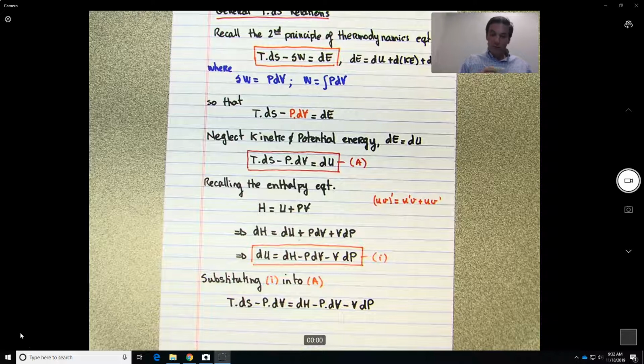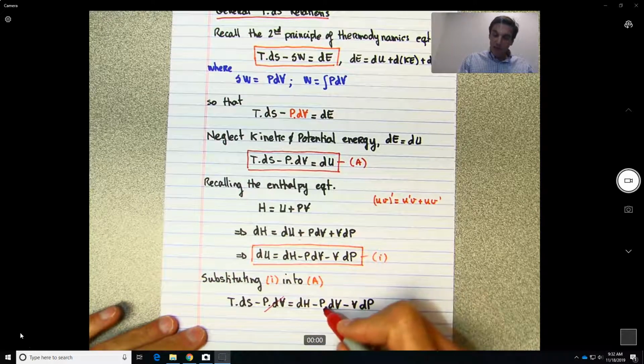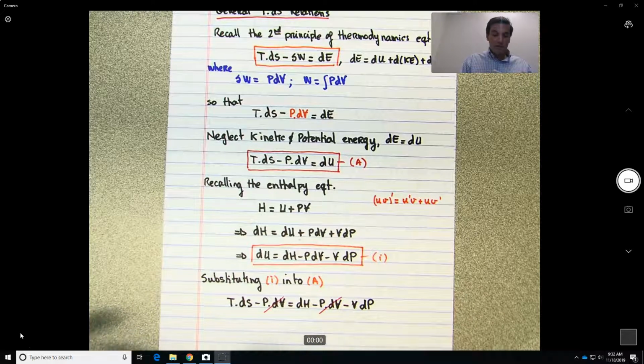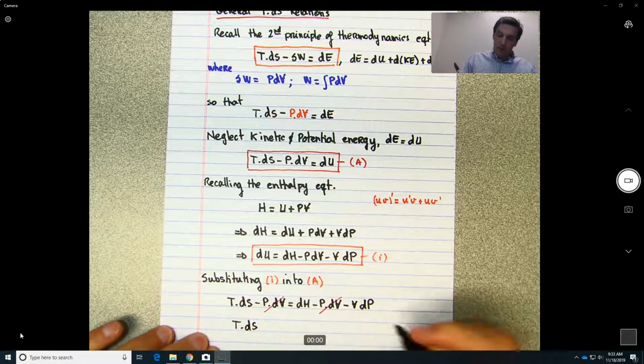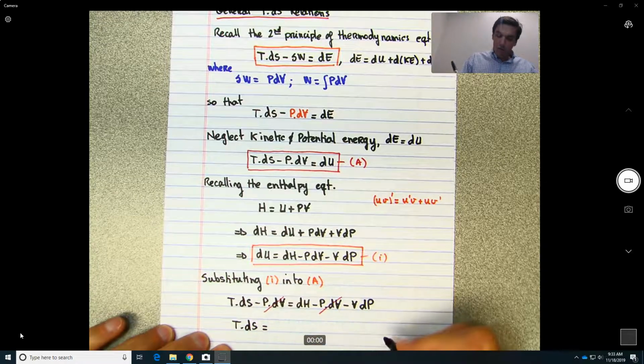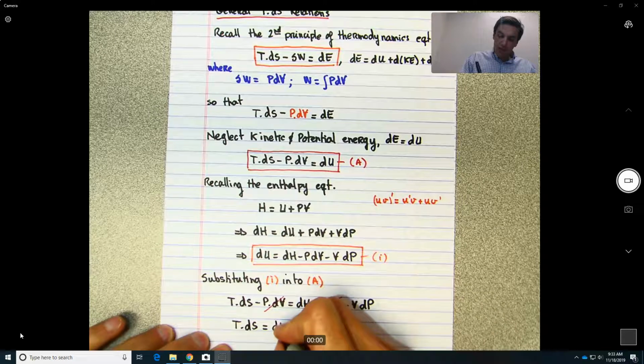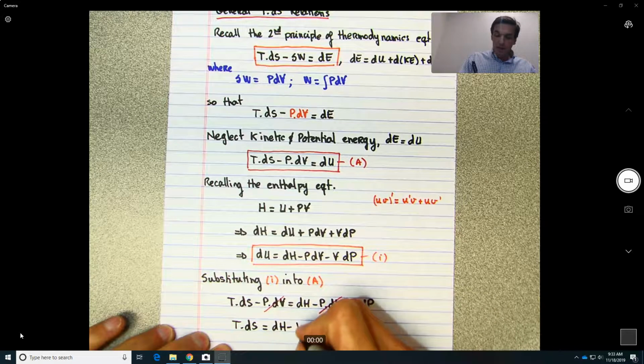So over here you can see that this term will cancel this one, so that at the end we have an expression that looks like T dS equal to dH minus V dP.